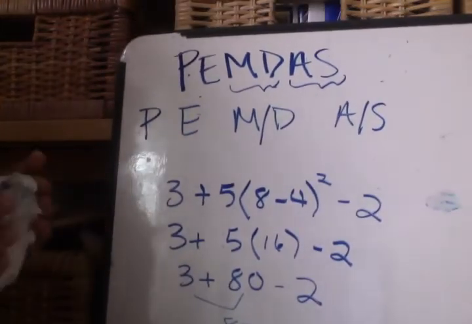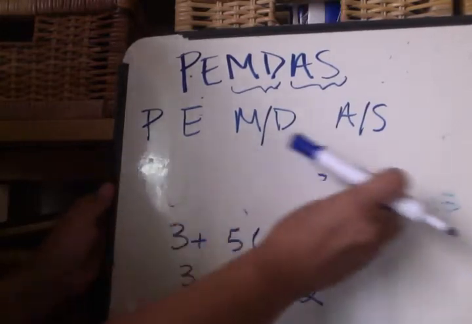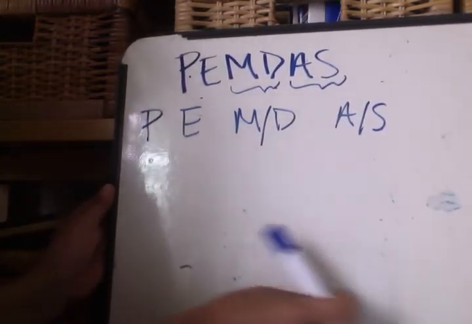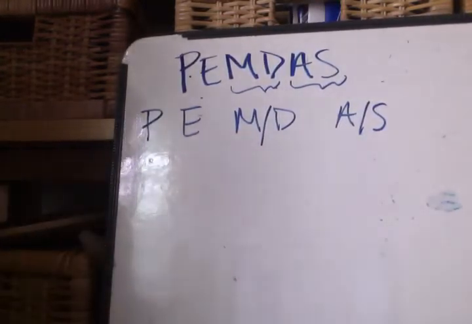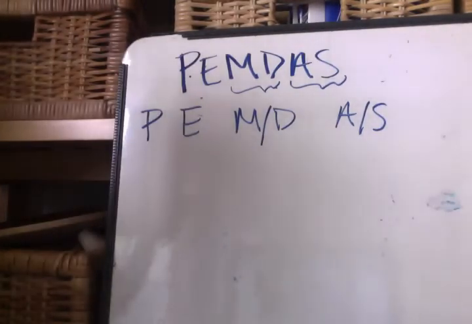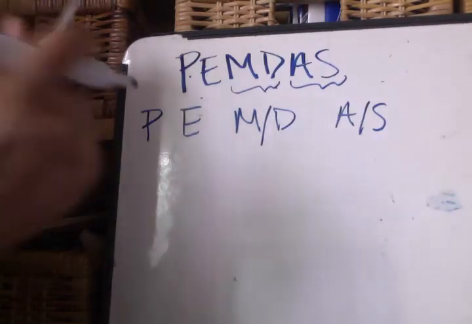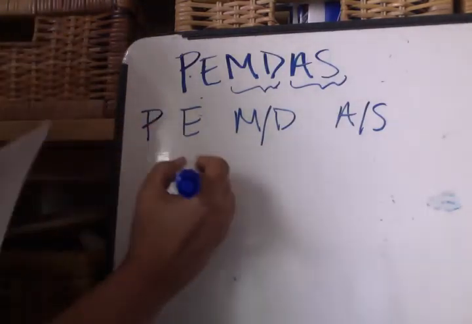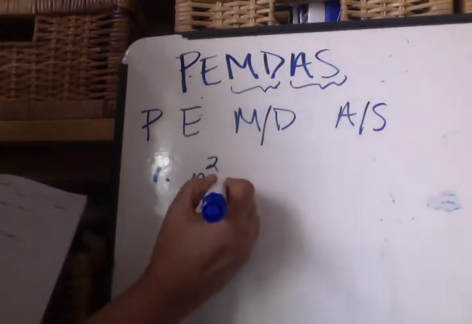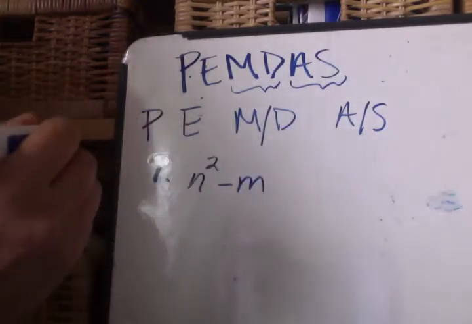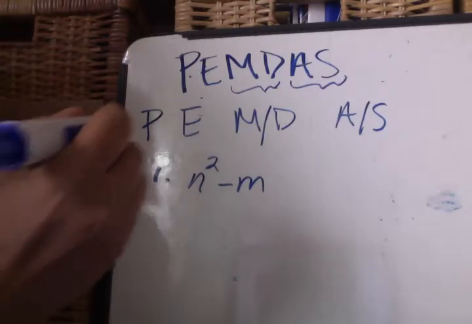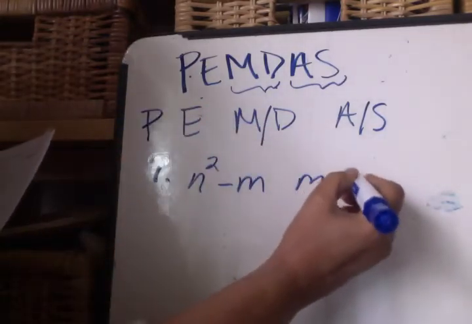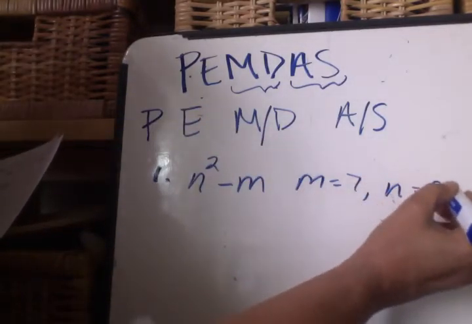All right, and finally, I'm just going to show 3 examples from the worksheet that I'm giving you. So I'm going to do numbers 1, 11, and I think 21. It's number 1. N squared minus m. And then it says here that m is 7 and n equals 8.